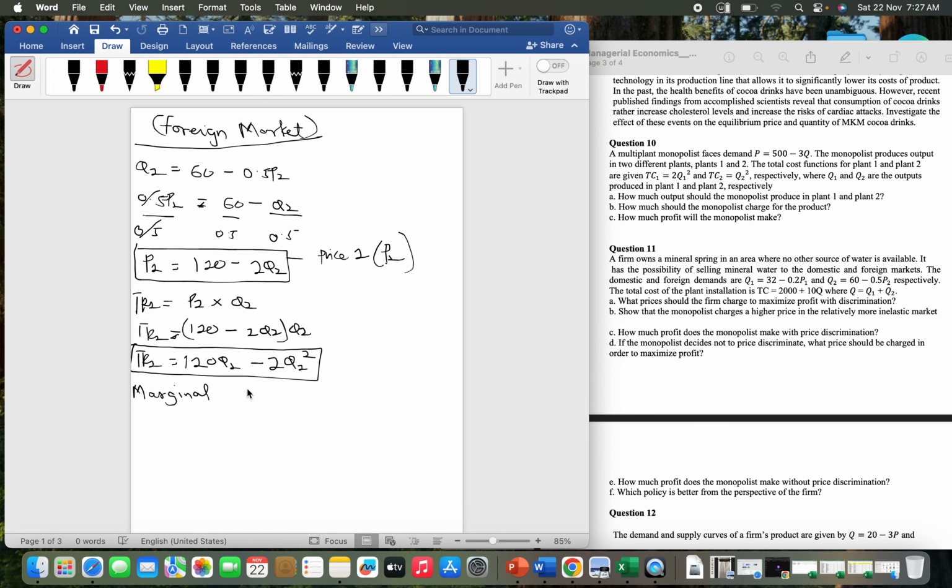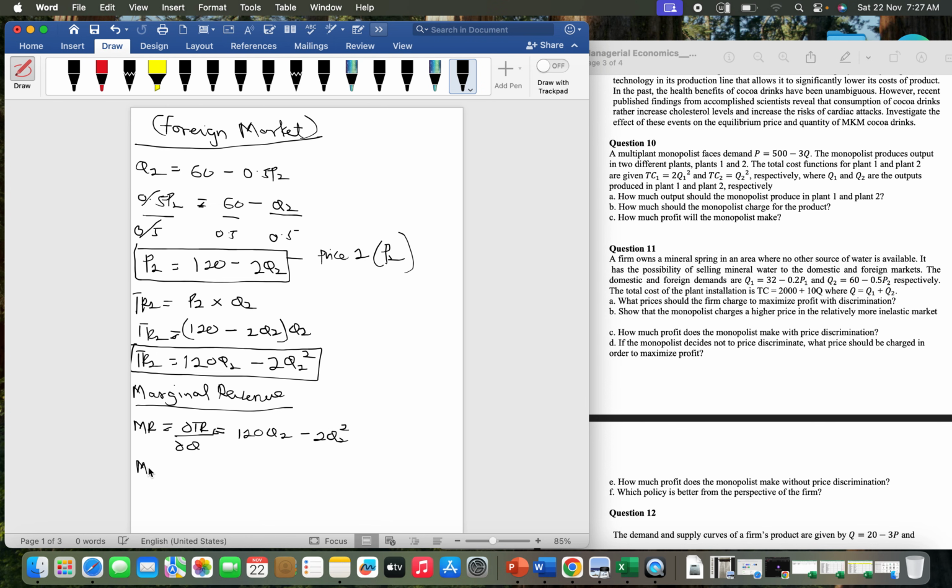Sorry, I'm back. So with the marginal revenue, we know we find the derivative of total revenue with respect to Q. So I have 120Q2 minus 2Q2 squared.